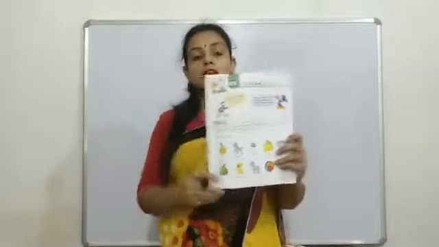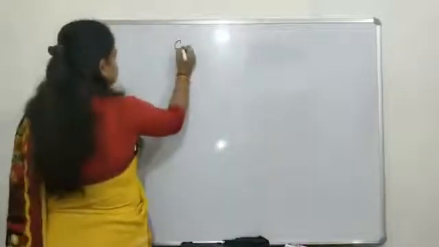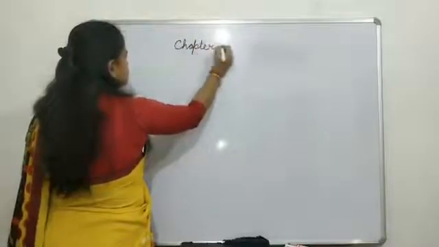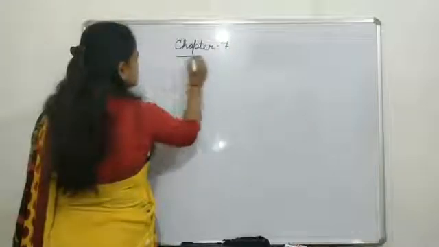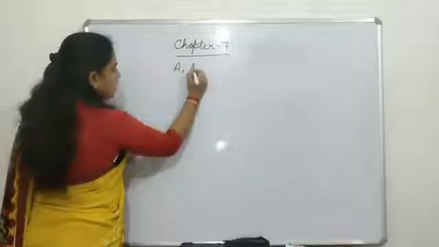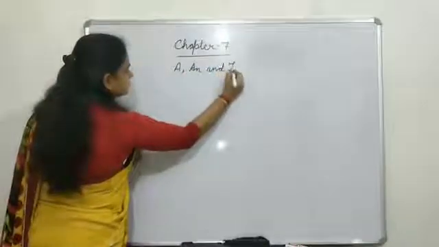Dear children, can you take out your English grammar book and open page number 37. Chapter 7, A and The.